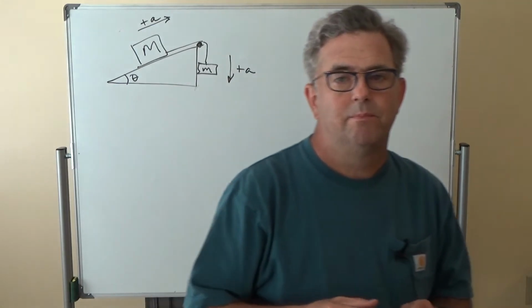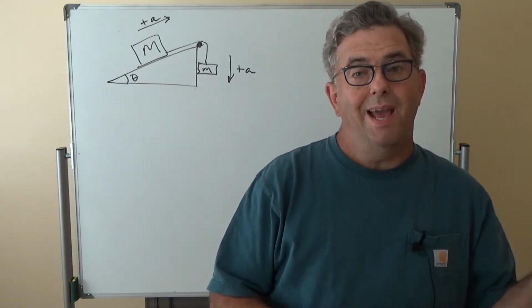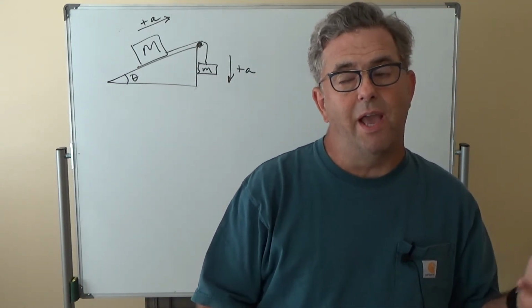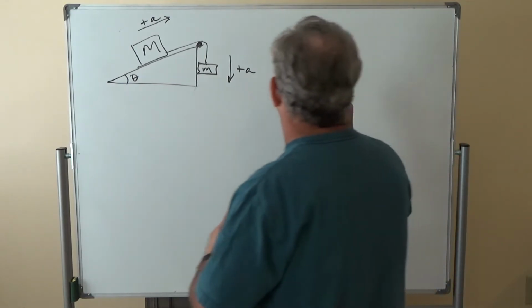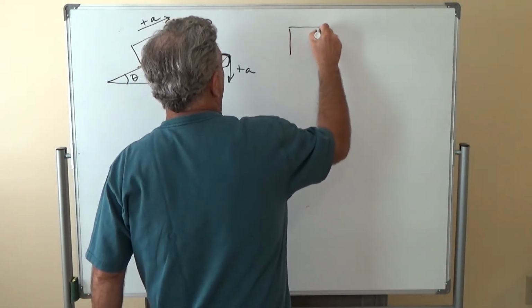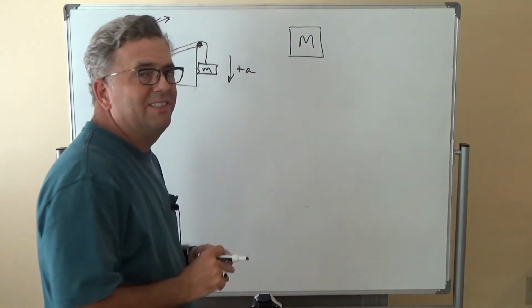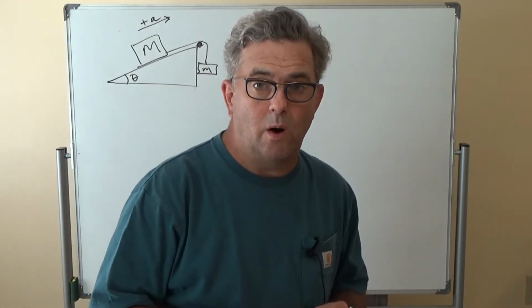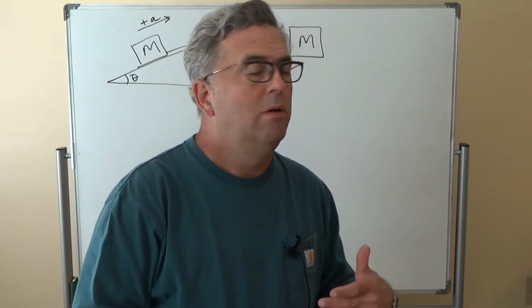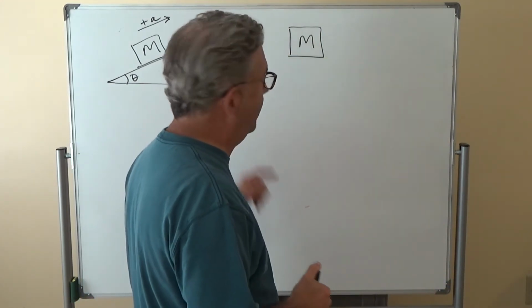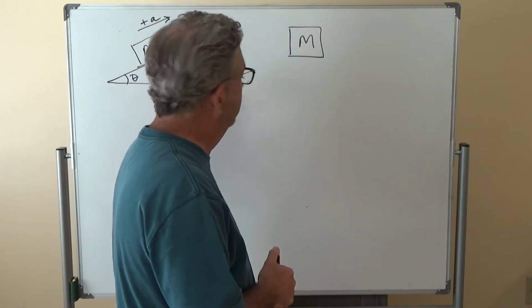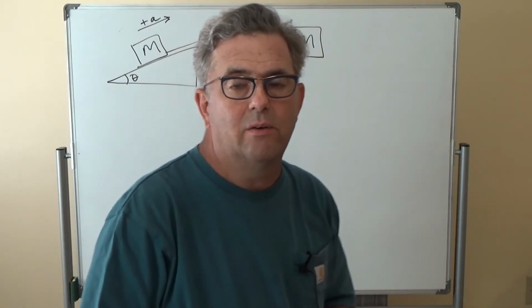Okay? Next, free body diagram. Let's look at the forces acting on big M. Well, it's exactly what I had before, except now we've got this string attached to this little mass that's hanging, okay?